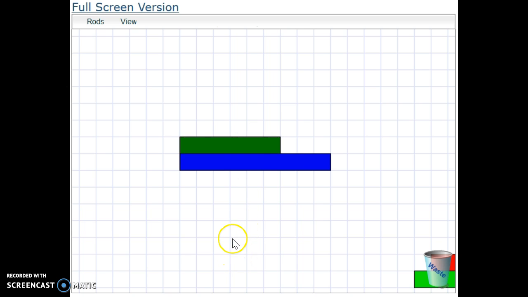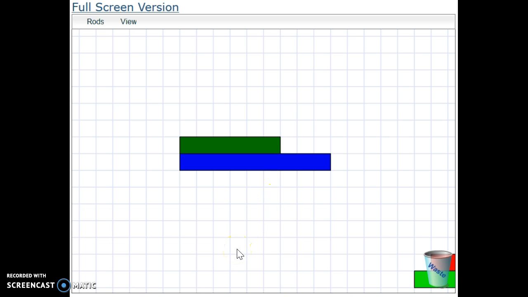Blue is 9, and our top is 6. So 6/9, or 6 copies of 1/9.